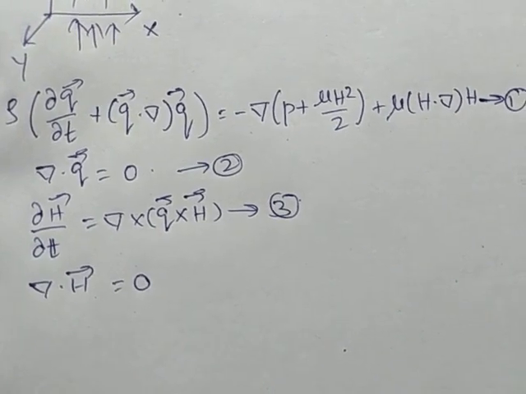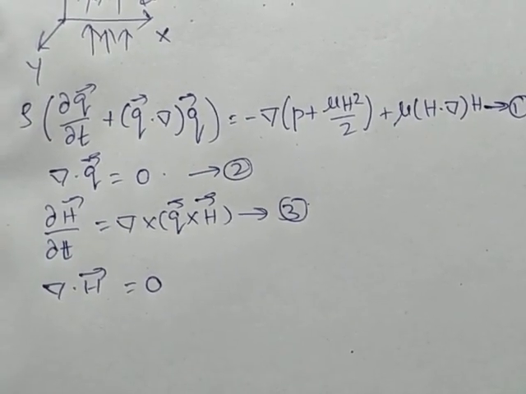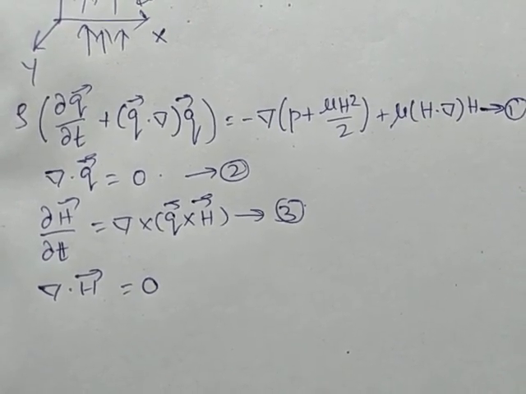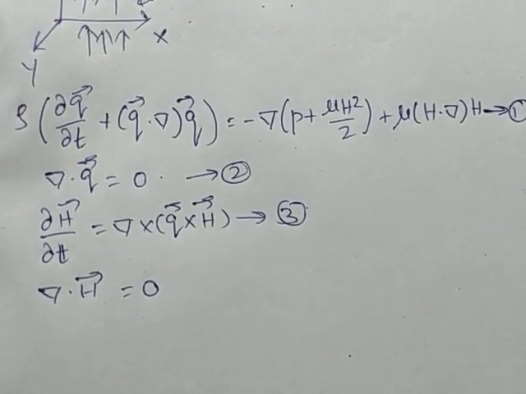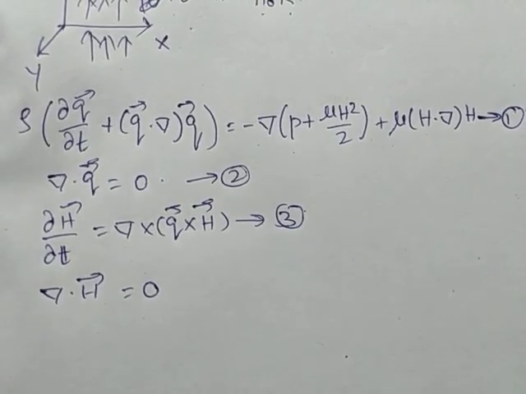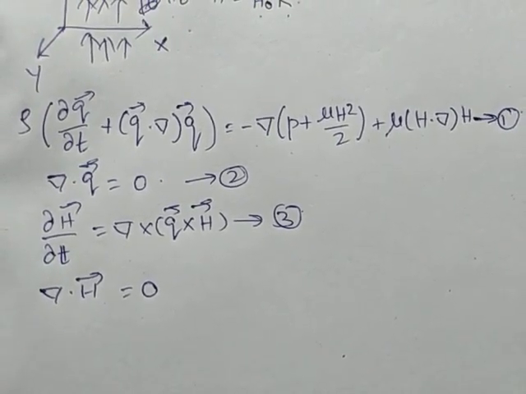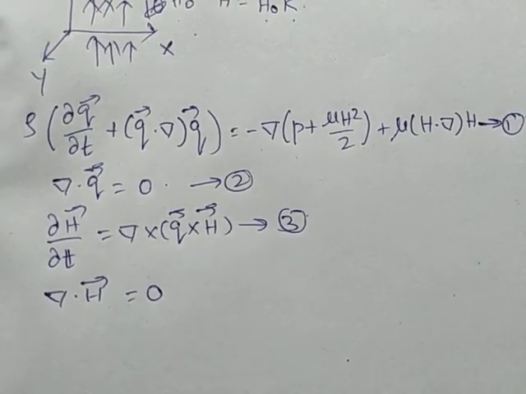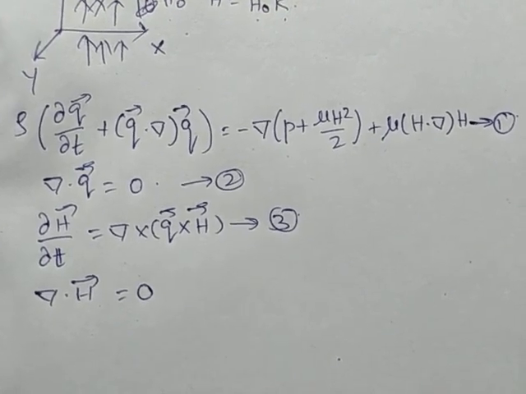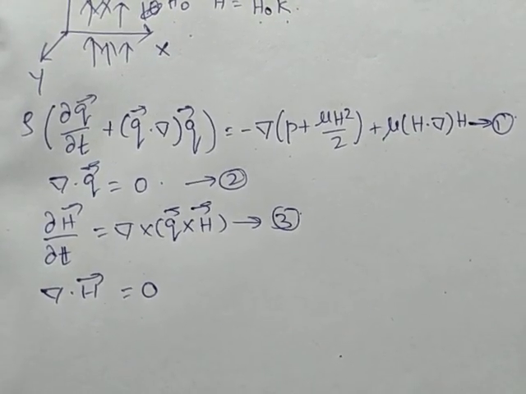So we know all these terms. Rho represents density, q represents velocity, h is magnetic field, p is hydrodynamic pressure, and mu is magnetic permeability. Here we are considering a non-viscous fluid.